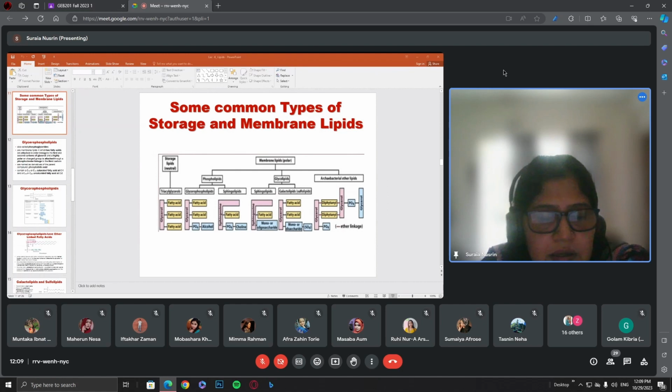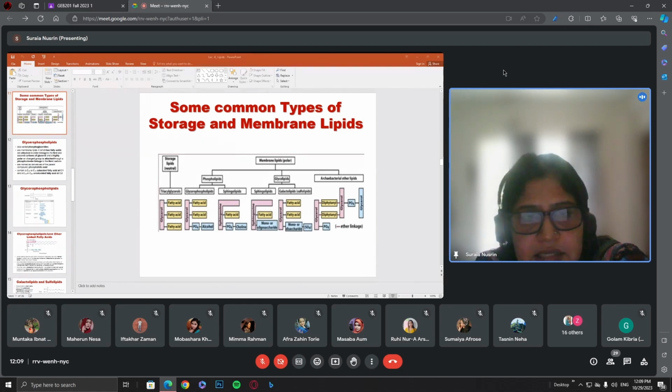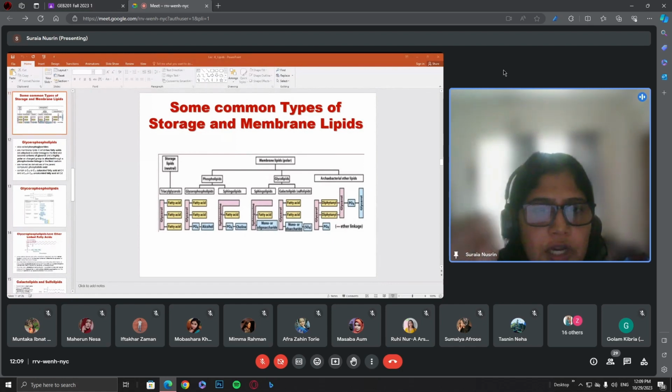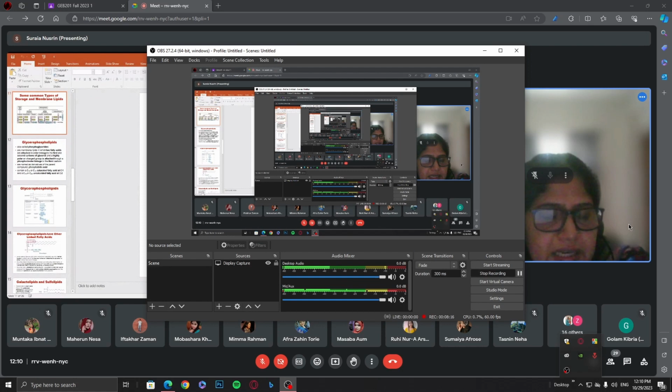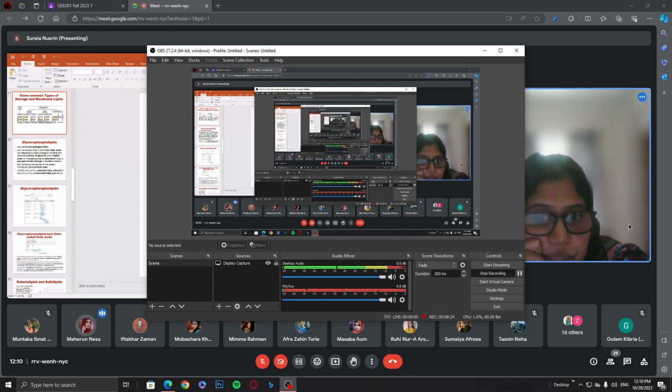In this structure, at carbon number 3, the phosphate group is in the middle position, connecting glycerol on one hand and the polar head group on the other, and this bond is known as the phosphodiester bond. Is it clear? The third carbon of the glycerol is linked to the polar head group by phosphodiester bond, whereas the 2 fatty acids are linked to the other 2 carbons of the glycerol by ester linkage. Is it clear? Yes, ma'am.